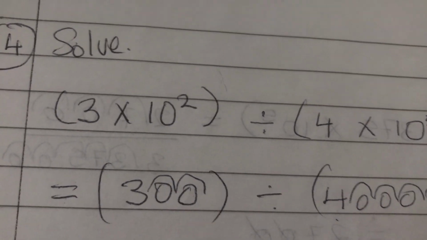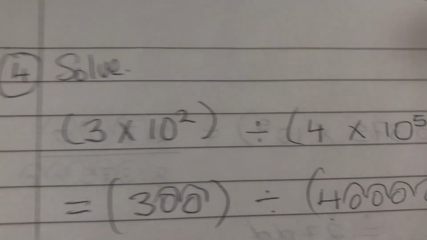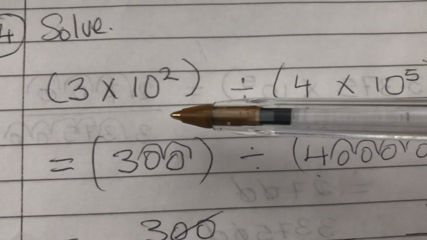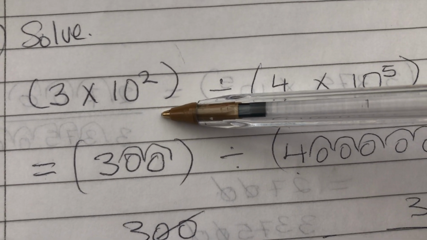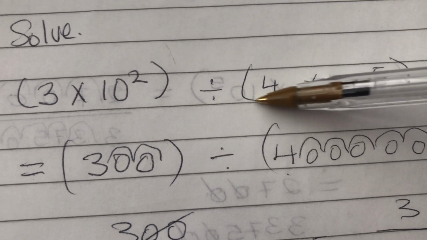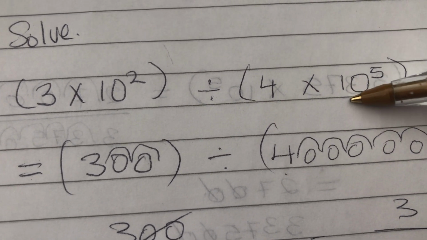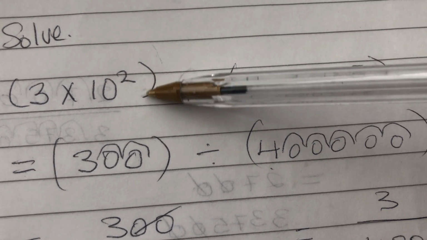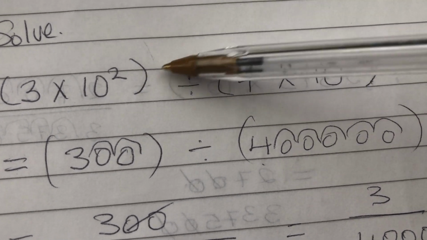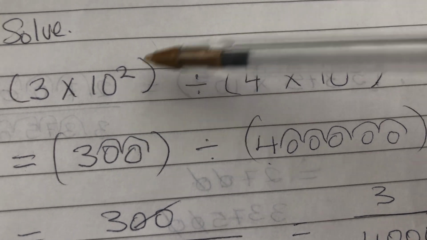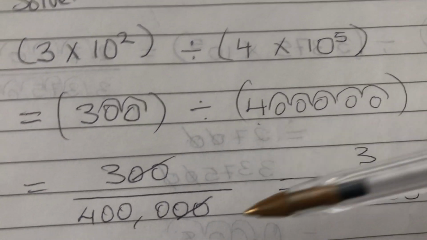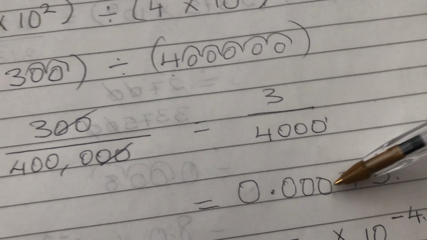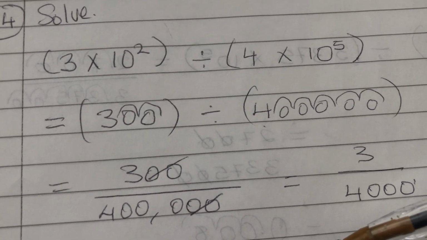Now another one. Solve 3 times 10 to the power 2 divided by 4 times 10 to the power 5. So here we divide the numbers and subtract the powers, or we change them to ordinary numbers, divide, and then we simplify and revert back.